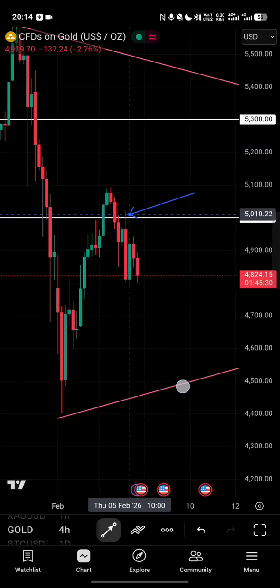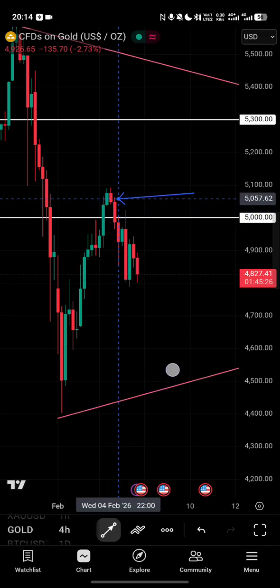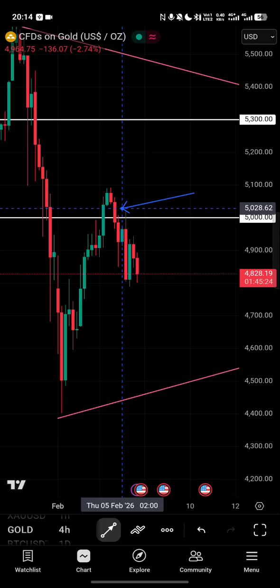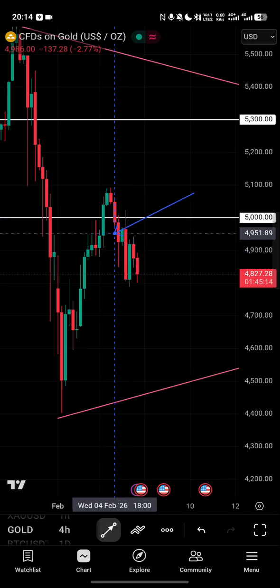But if there are too many people buying, because retail traders tend to believe in what the masses are believing, so if most of the people are looking to buy and everyone starts buying, the market will dump on them, and the market will dump and dump and dump until those people stop buying.